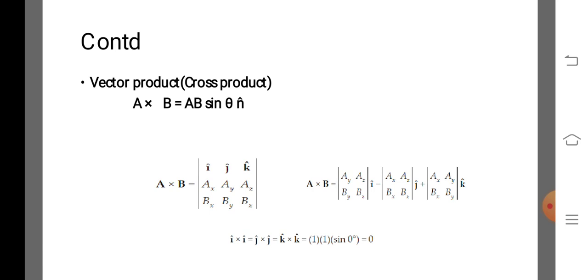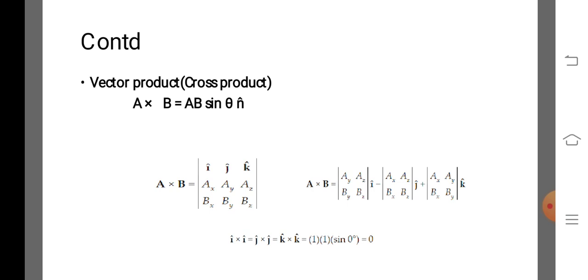It is totally different from the scalar product multiplication, because in the scalar product the multiplication gives a magnitude value, but here we make a modulus of a unit.